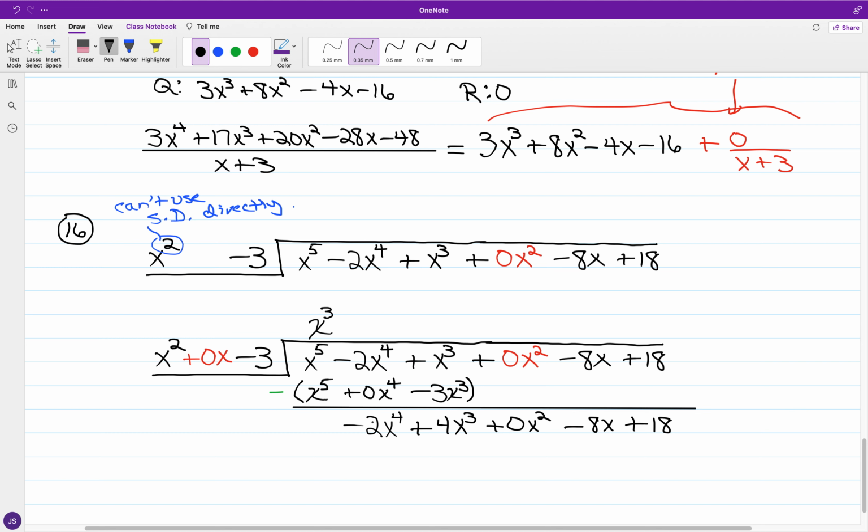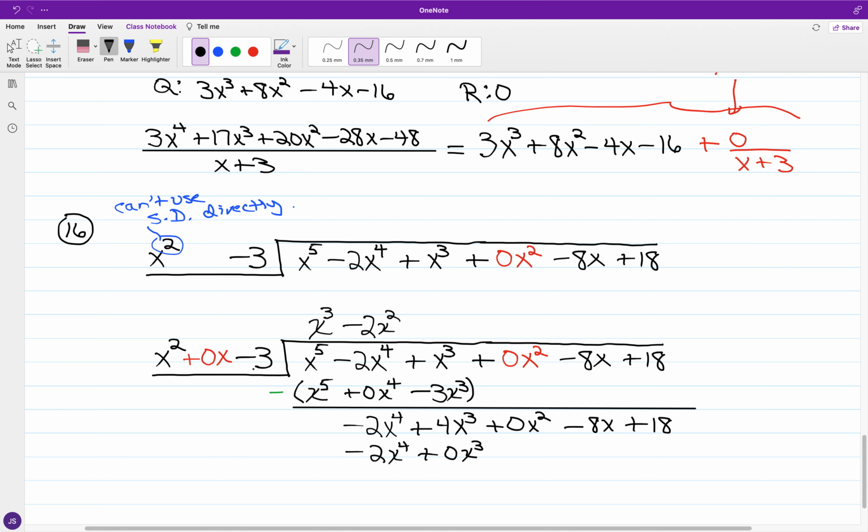Now for x squared into negative 2x to the fourth, we have negative 2x squared. And distributing, we now have negative 2x to the fourth. Then we have 0x cubed.